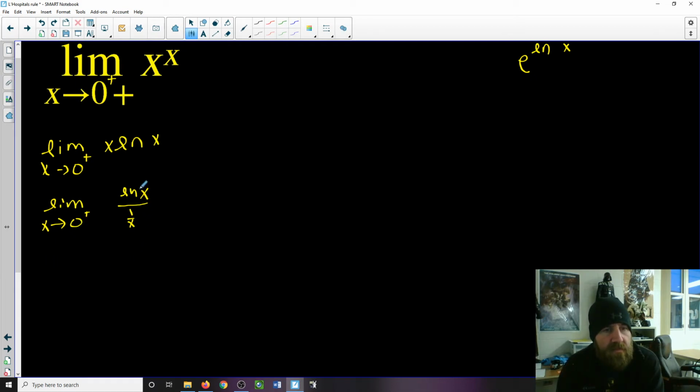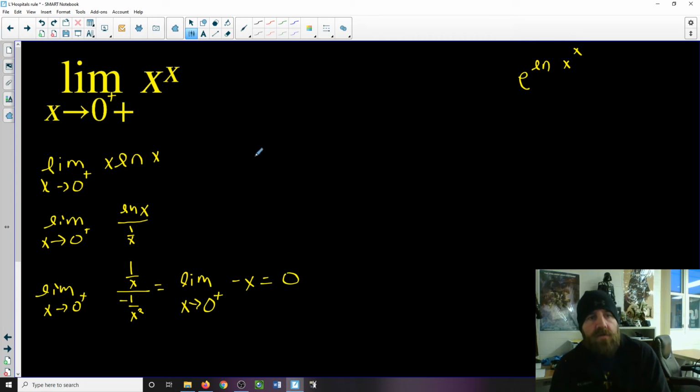So we got that 1 over x, we got negative 1 over x squared, which we know turned into that negative x. I'll just write it out again. You're already going to have that in your notes, but that's okay. So we got negative x, which was 0.